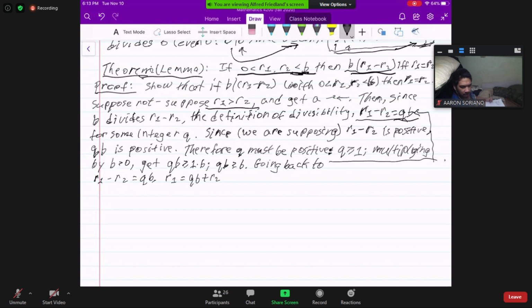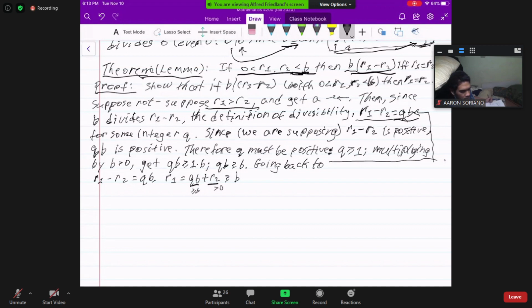And so that is greater than or equal to B plus R sub 2, since QB is greater than or equal to B, and since R sub 2 is positive.